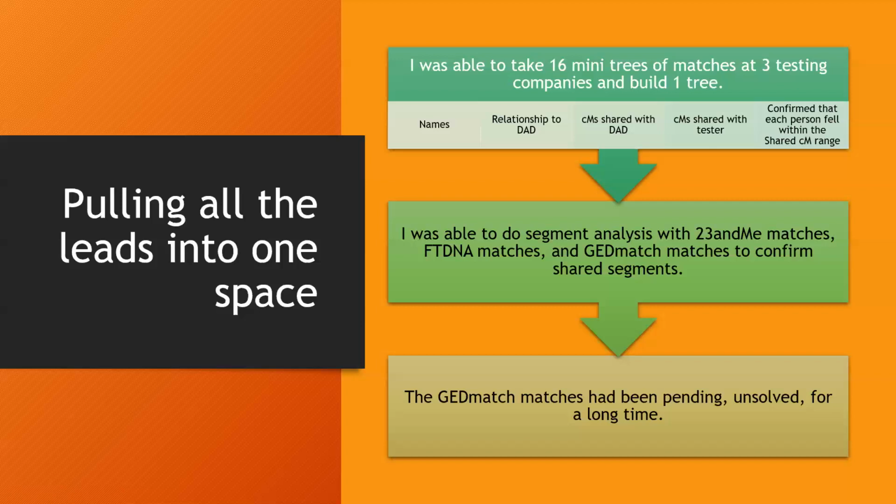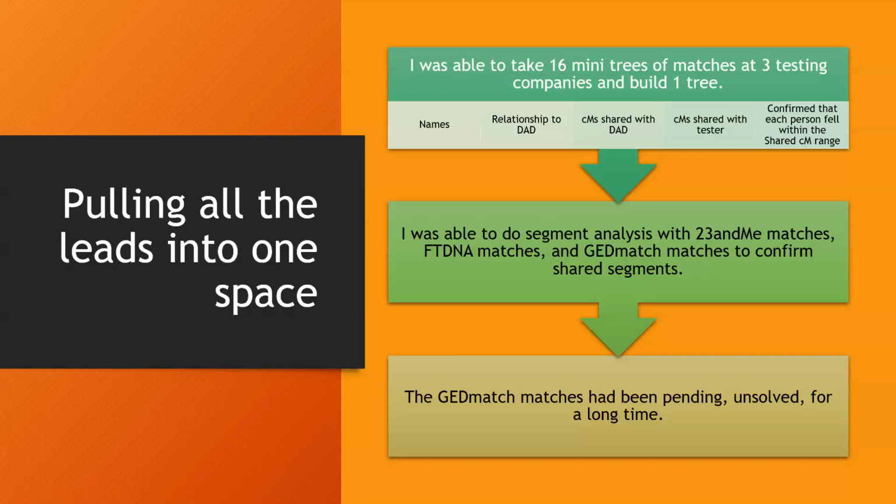Also, what I discovered for the tester was that the GEDmatch matches that had been pending and unsolved for a long time were because of this unknown grandparent. If the tester had an unknown grandparent and not the grandparent she thought, it lent new evidence to her pending questions.